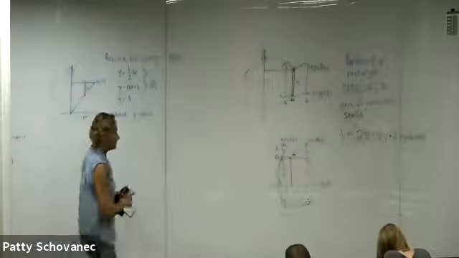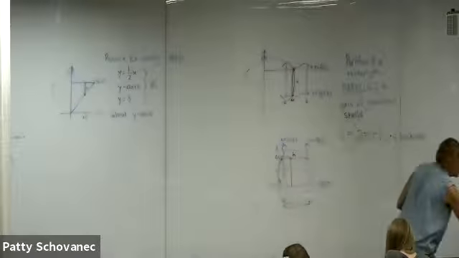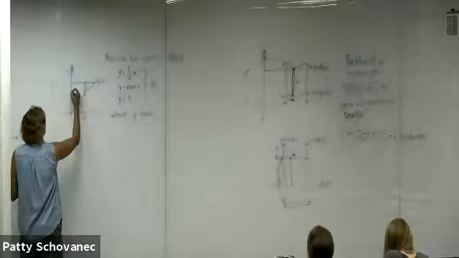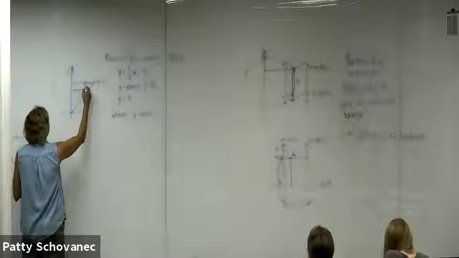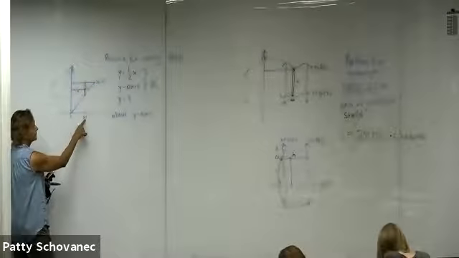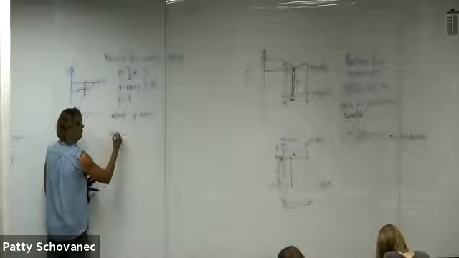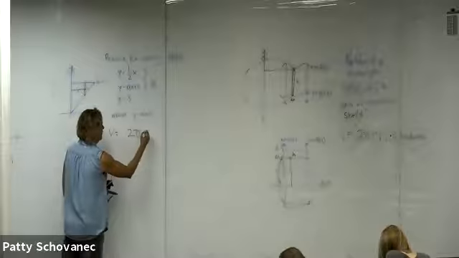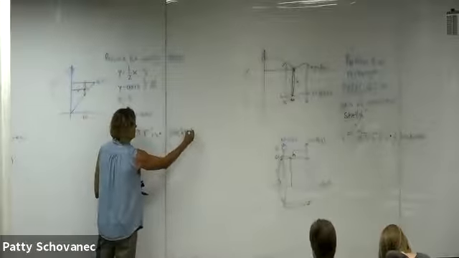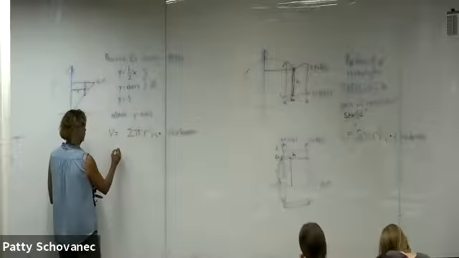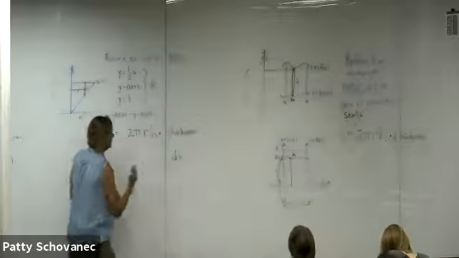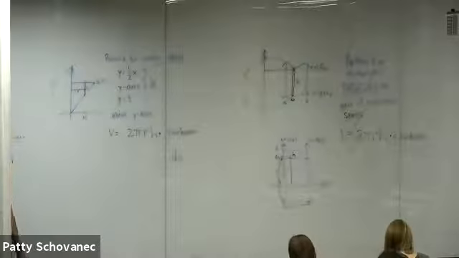Here is r, and this is going to be our thickness. Volume is 2 pi r h times the thickness of the rectangle. So here our thickness is dx, so I need everything else in terms of x.